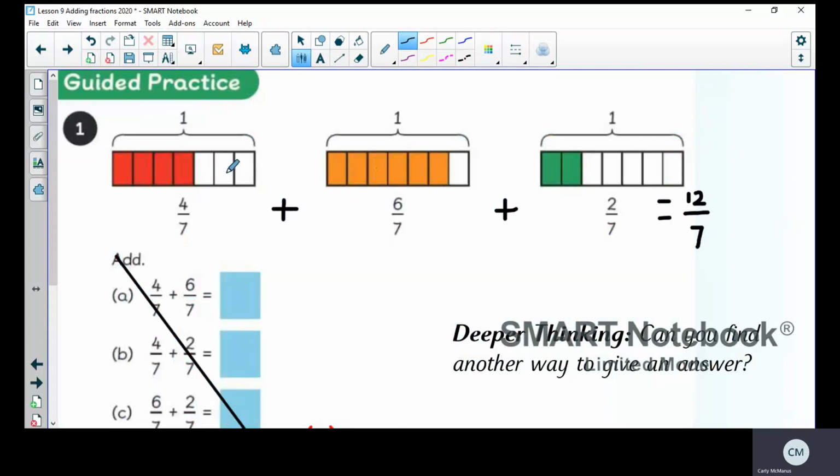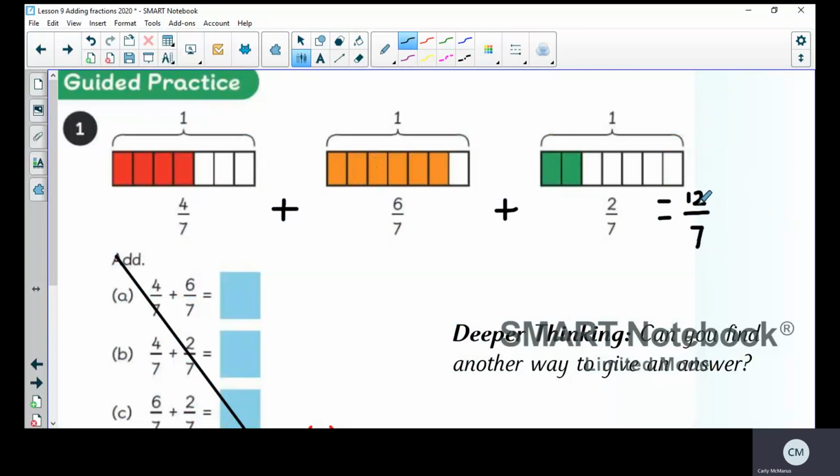Again, imagine you've got 3 cakes and you're adding 4 parts, 6 parts, and 2 parts. That makes 12 parts of the cake, and it was split into sevenths. There's our improper fraction. So the next step is to turn our improper fraction into a mixed number. To make 1 whole cake, you would need 7 parts out of 7.